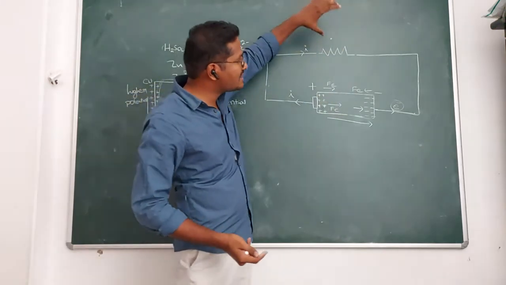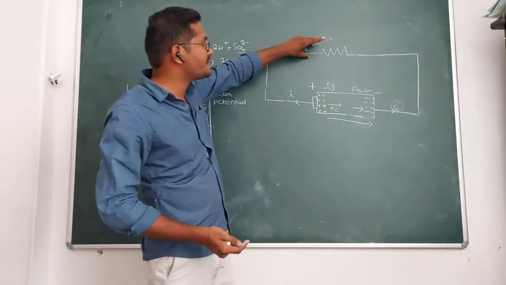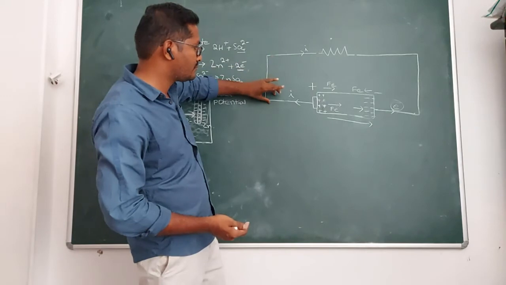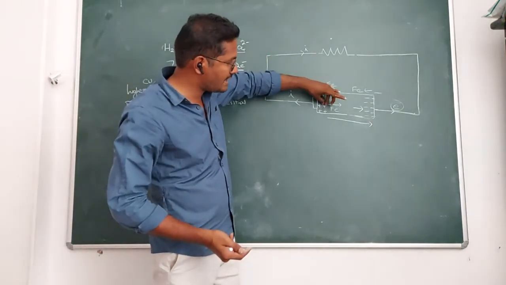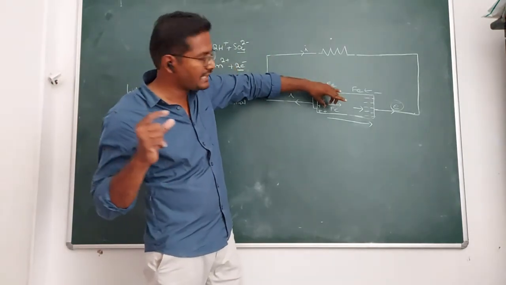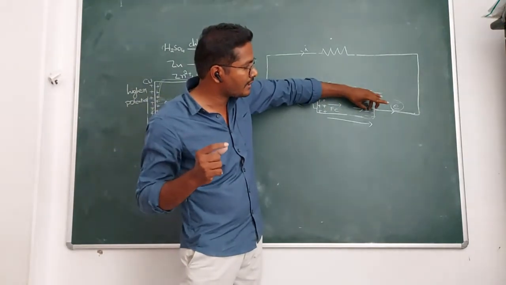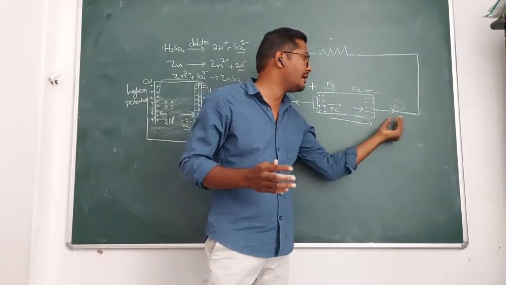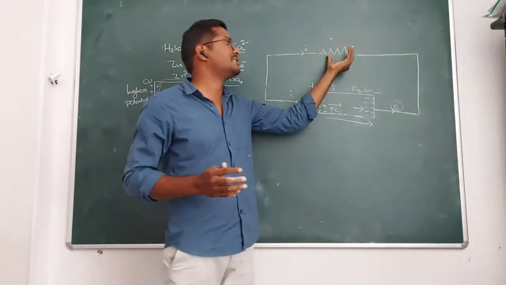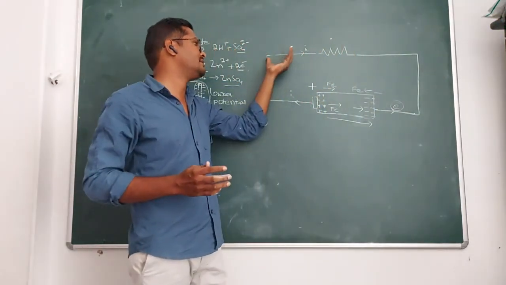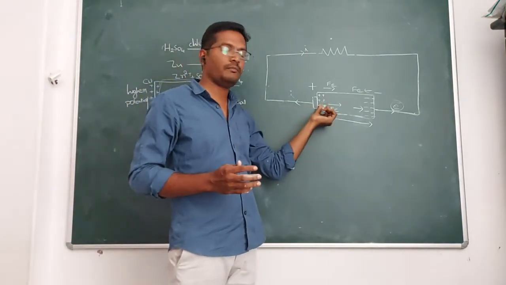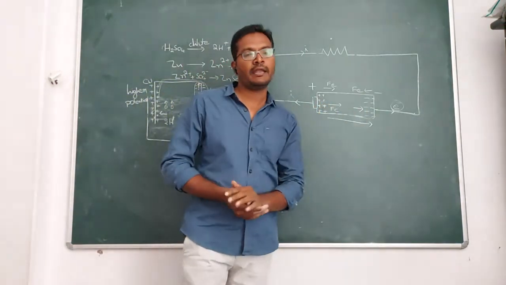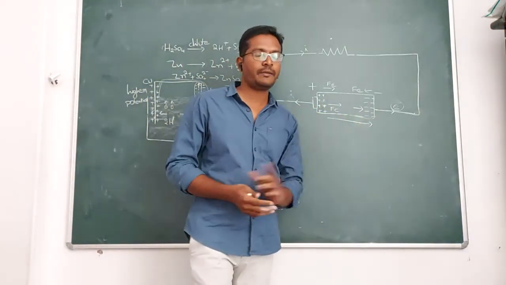And as the energy is spent here, the electron comes with no energy here, and again when it comes here, the chemical force will give the energy to the electron, and again the electron coming out of this battery is having the energy, and again it spends energy here, and energy becomes zero, it comes to the positive, and again there is energy stored in the electron inside the battery.